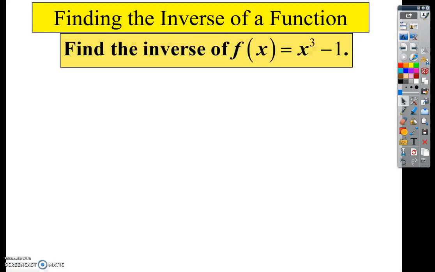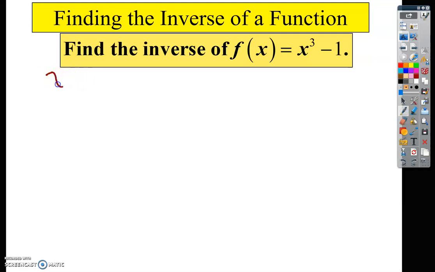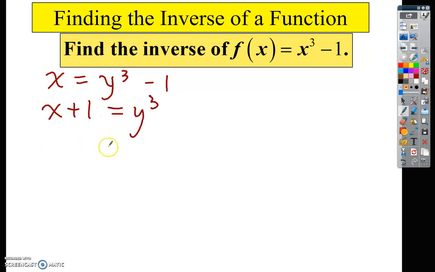So if we wanted to find the inverse, we switch x with y, so we have x equals y cubed minus 1. So x plus 1 equals y cubed, and y equals the cube root of x plus 1.